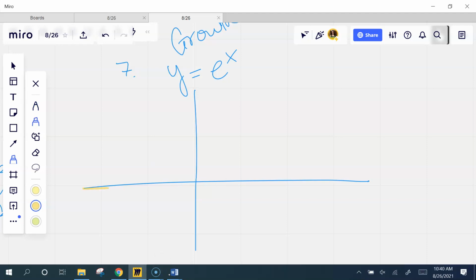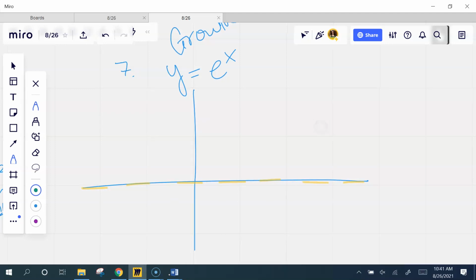There is an asymptote at 0. If I plug 0 in for x, what is the y value? In other words, what is e to the 0?